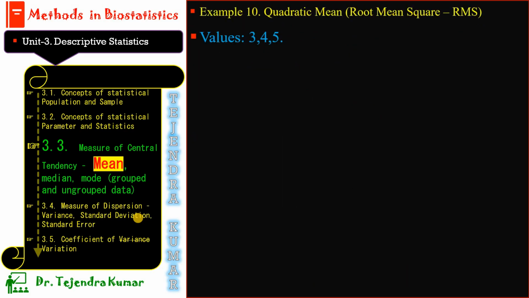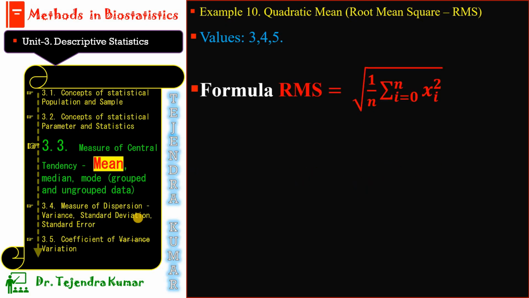Now we are taking the next example, which is related to the quadratic mean or root mean square, RMS. So the values are 3, 4, 5. Suppose these three values are here. So RMS is equal to, as we have seen in the formula, root of 1 by n summation of xi square.